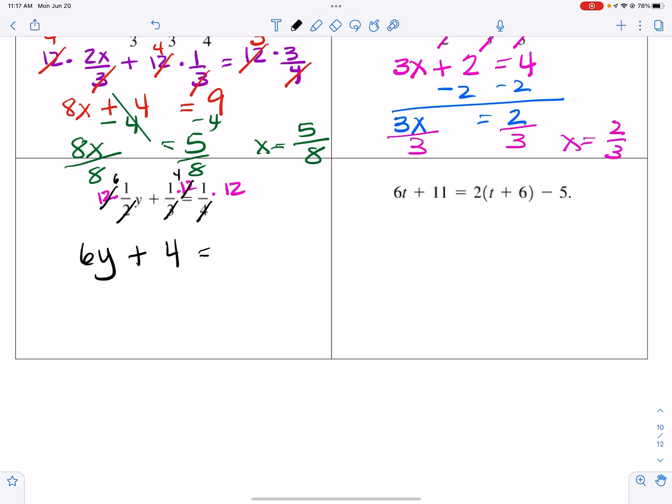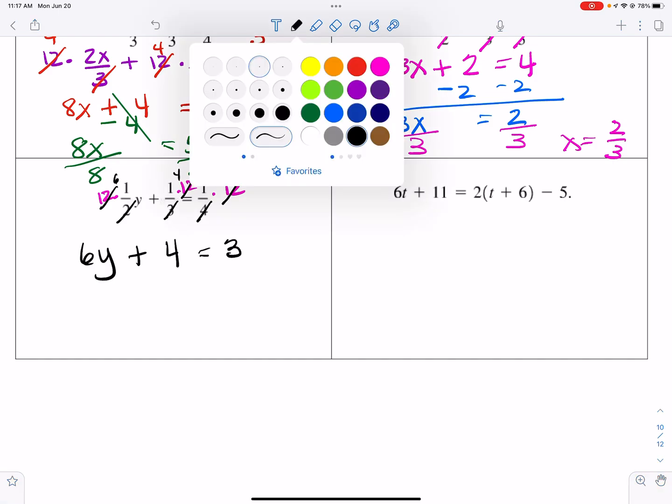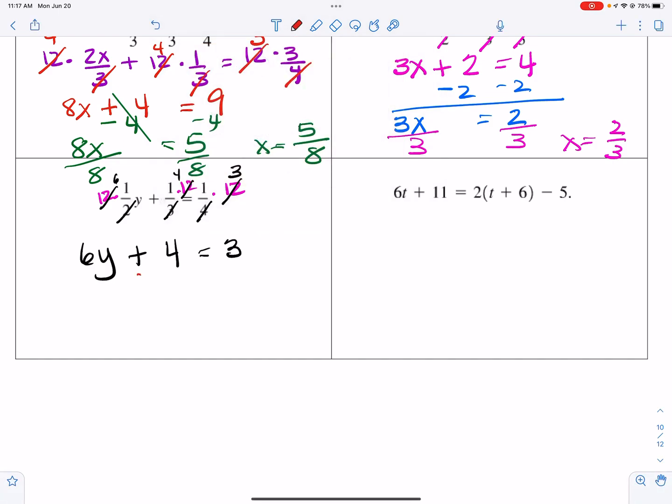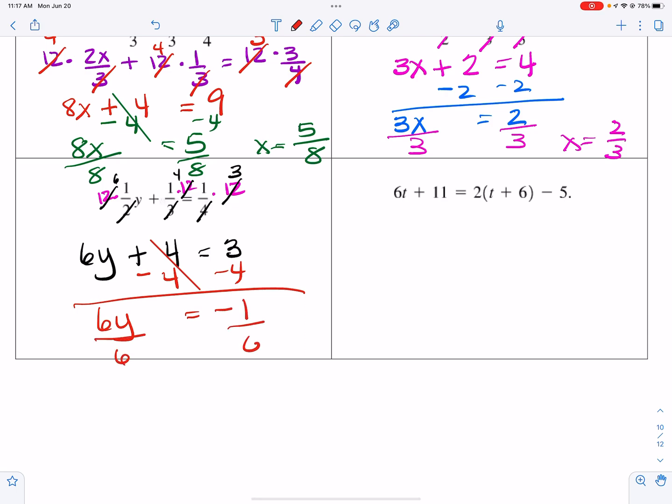And 4 goes into 12 and leaves 3, and 1 times 3 is 3. So now I will subtract 4. 6y, that goes to 0, is equal to -1. Divide through, so y is -1/6.